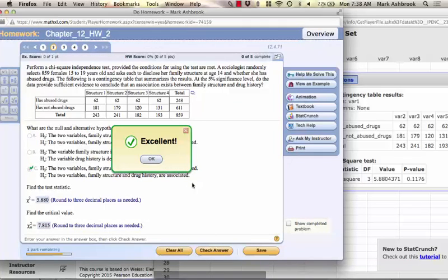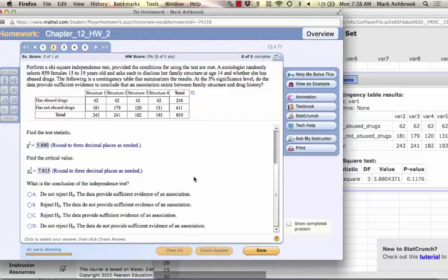Got it? Just remember, the higher the chi-squared statistic is, the more indication that what? That we have association or non-association? So they are associated, right?